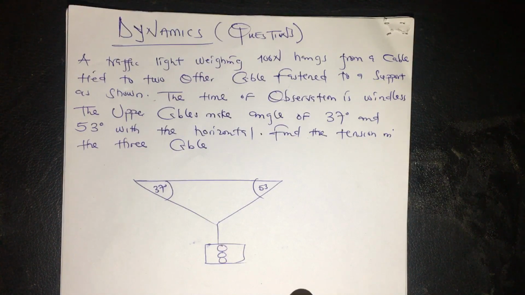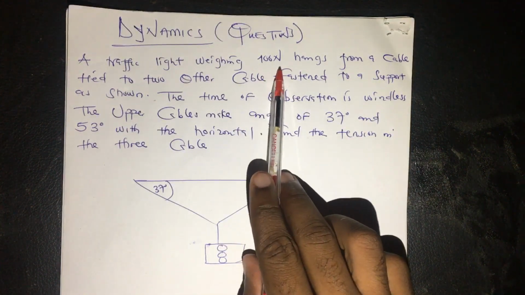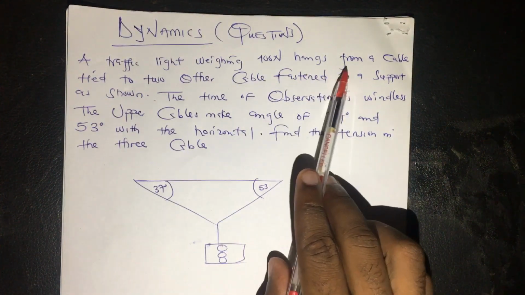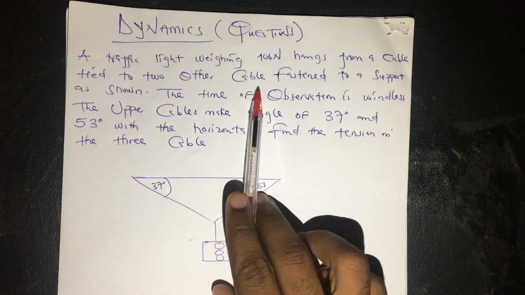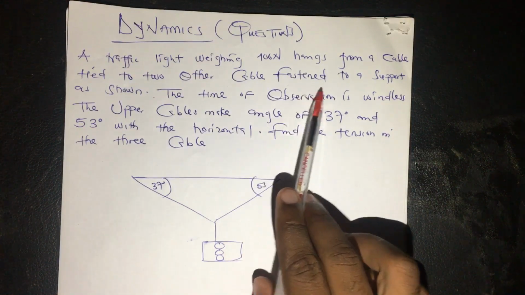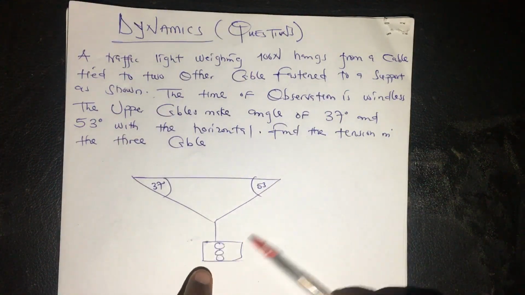Alright, so we have this question which says a traffic light weighing 100 newtons hangs from a cable tied to two other cables fastened to a support as shown here.